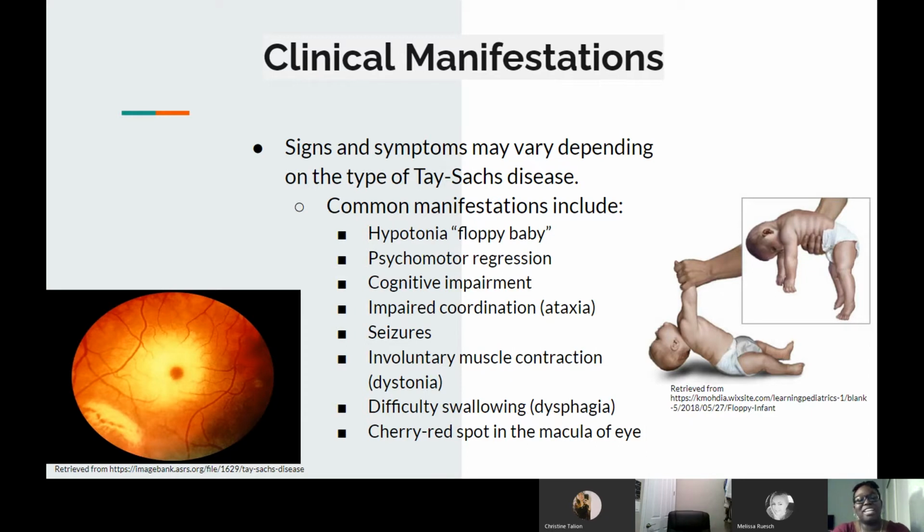And they'll also experience psychomotor regression, meaning that if they were able to crawl or sit up on their own, all of a sudden now they can't because of the symptoms of the disorder. And also another common manifestation would be the cherry red spot in the macula of the eye that can be seen on eye exams.